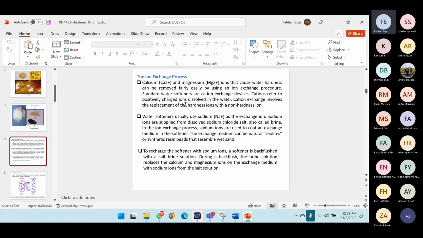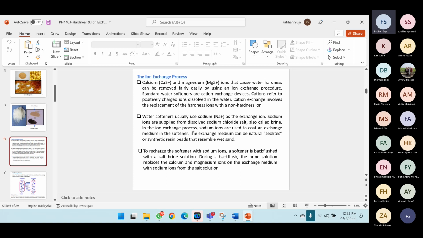Cations refer to positively charged ions dissolved in the water. So cation exchange involves the replacement of the hardness ion with a non-hardness ion. Like when you replace calcium and magnesium ions, they are the cations of water hardness, you replace them with sodium, which is a non-hardness ion.